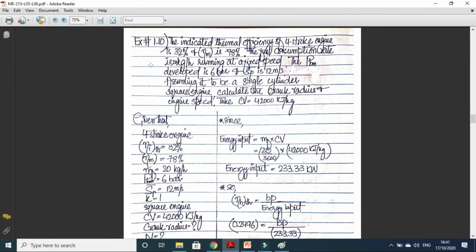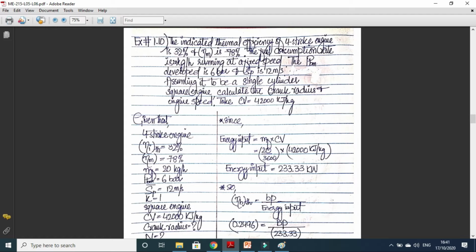Okay, now let's move forward. Now this is the solved example 1-1-10. The indicated thermal efficiency of a four-stroke engine is 32%. Indicated thermal efficiency is given, mechanical efficiency is 78% given, the fuel consumption rate is 20 kilogram per hour. So m dot f, the mass flow rate of the fuel, is 20 kilogram per hour.